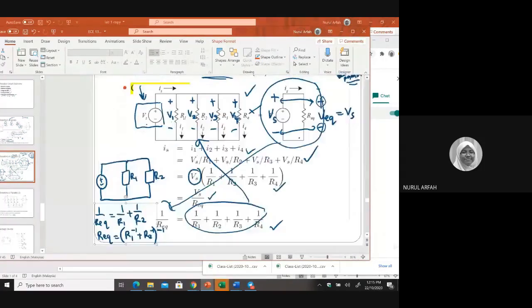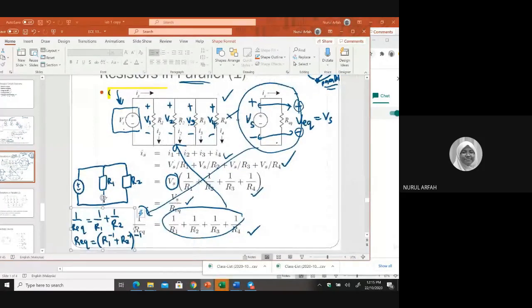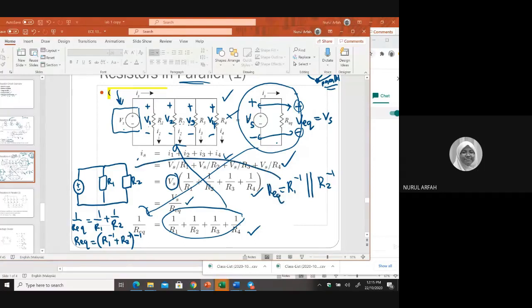What I mean here is that you please use your calculator and do like this. What is 1 over R? It's an inverse, right? 1 over R1. And then basically they are in parallel, so you use the parallel symbol, and then you have R2 of this parallel. And this is the R equivalent of this one.